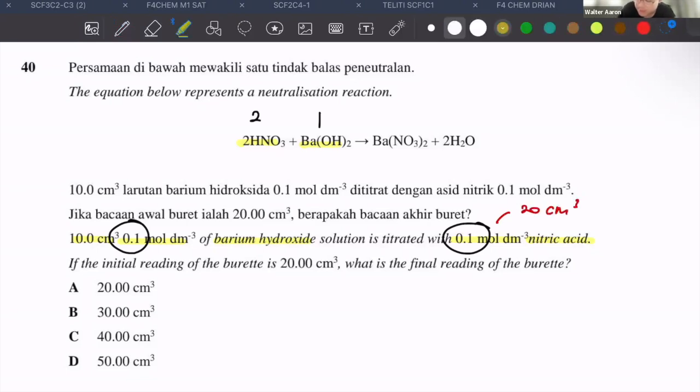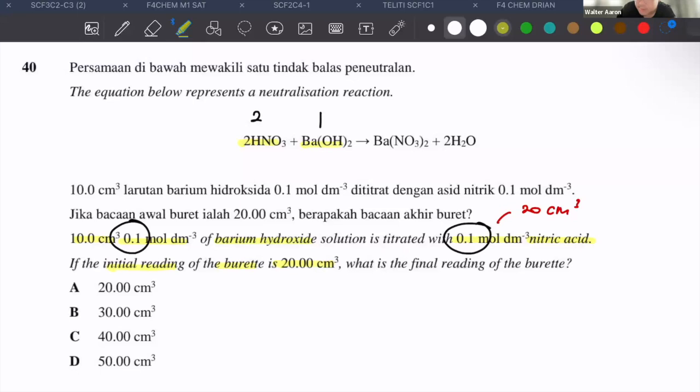It says here the initial reading of the burette is 20 cm cube. What's the final reading of the burette? How the burette works is very weird. As the liquid goes lower and lower in volume, the number will technically increase.